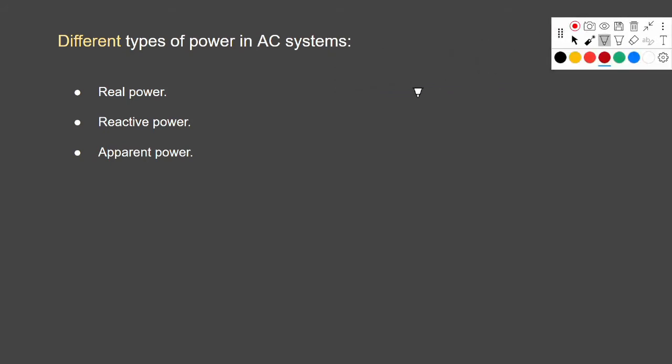Now we have talked about this, that there are three different kinds of power in AC systems, that is real power, reactive power and apparent power.